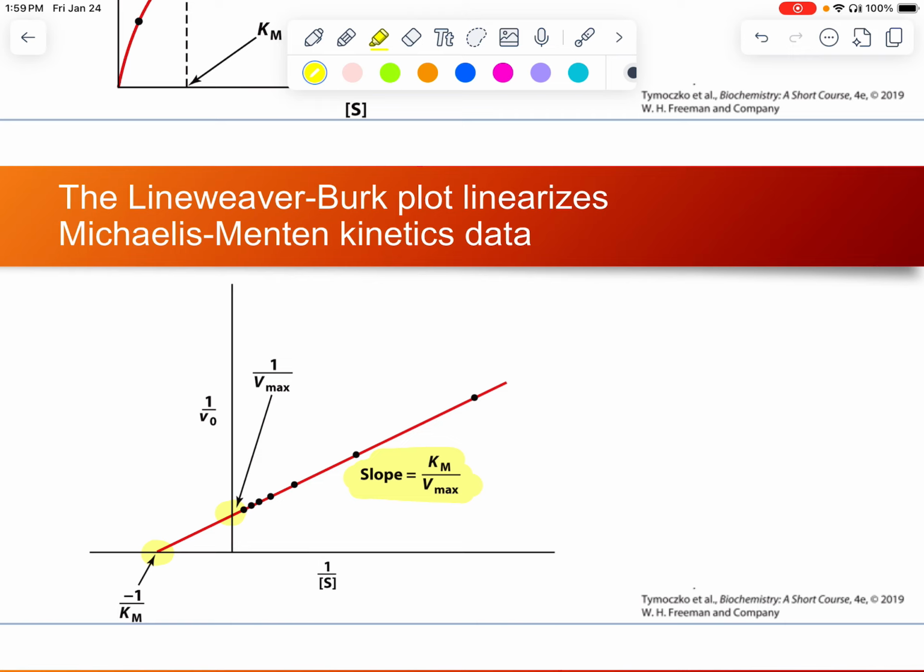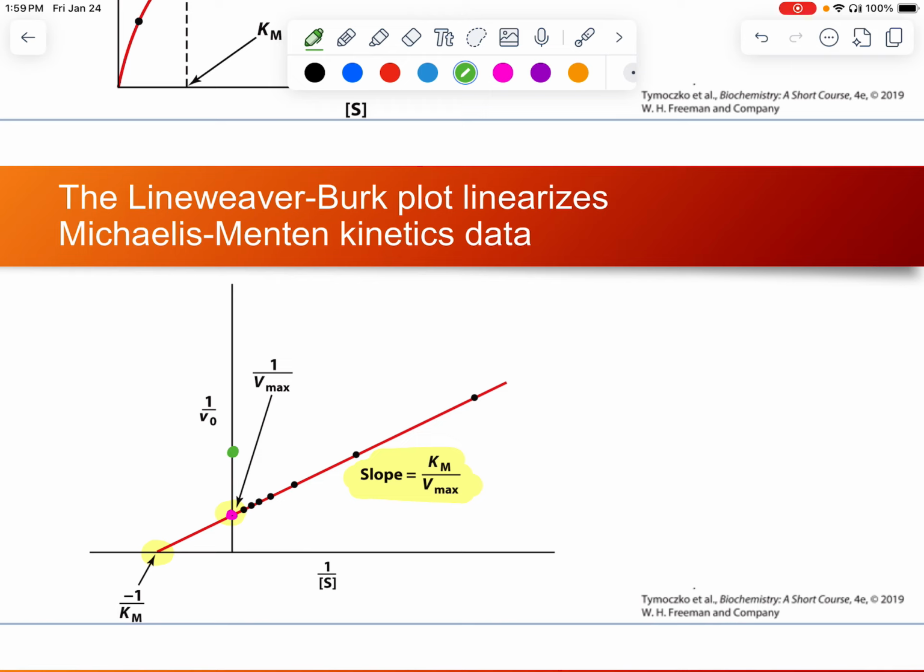So let's look at a couple of these data points because it's going to turn out that this graph is going to be a great way for us to identify what type of inhibitor we have. So we said here is our y-intercept. But what if we graphed our data after adding an inhibitor and we found our y-intercept was now there in our new graph?